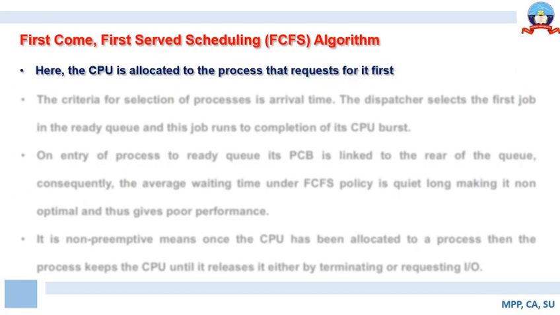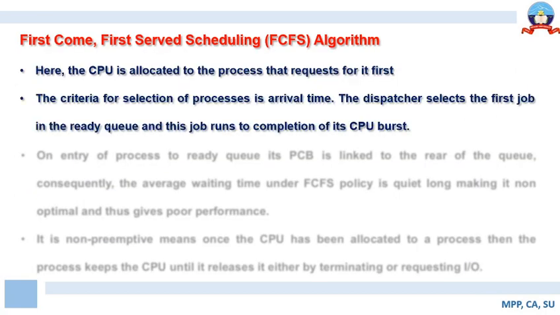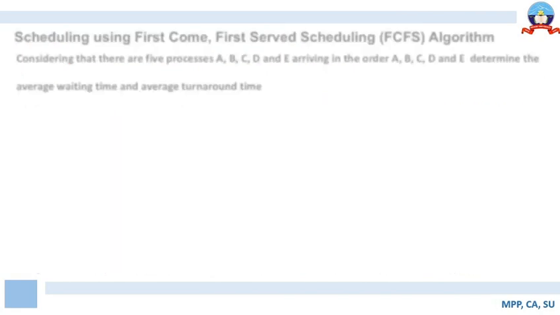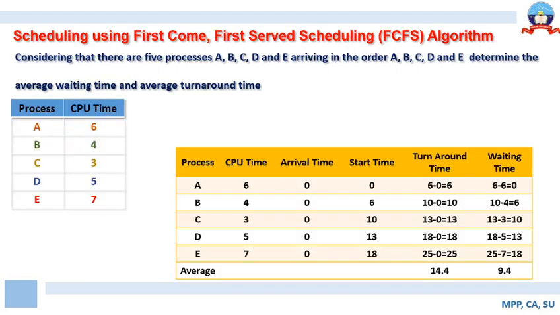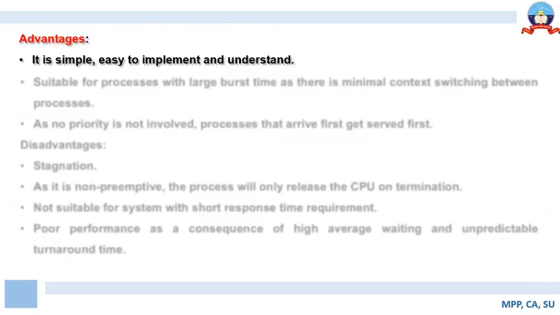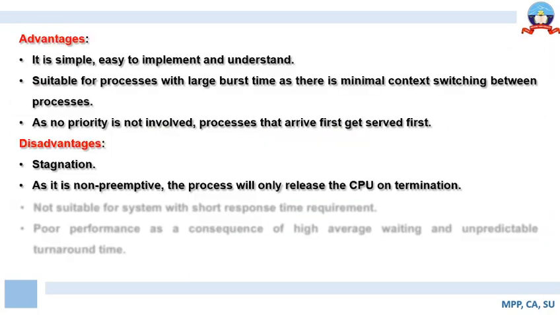Then we moved on to the first come first served scheduling algorithm, and we understood how it works with the help of an example, where we created a statistical reference and a Gantt chart that represented the schedule. Eventually we discussed some of its advantages and disadvantages.